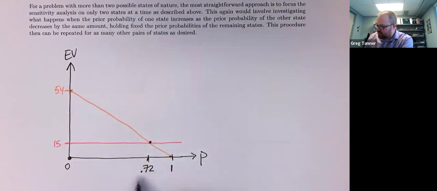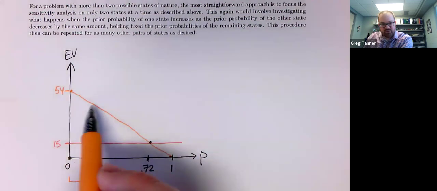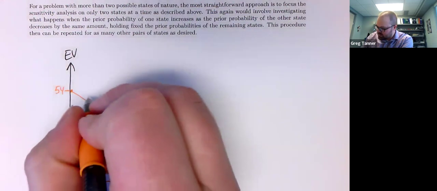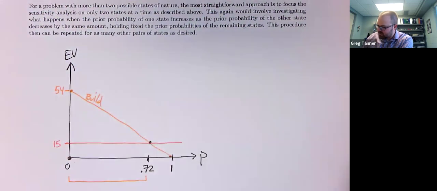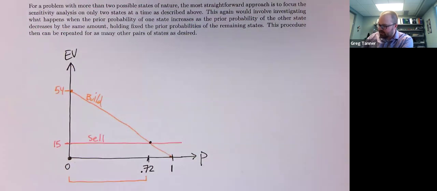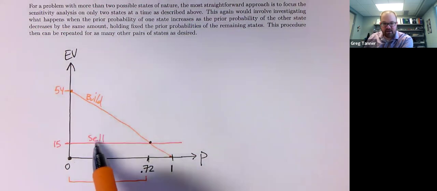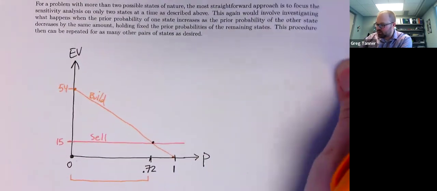So everywhere to the left of 0.72, maybe I'll write this. This is the build expected value. This is the sell expected value. And the expected value for build is higher than sell when probability P is between 0 and 0.72.